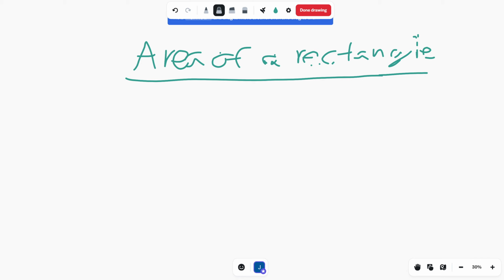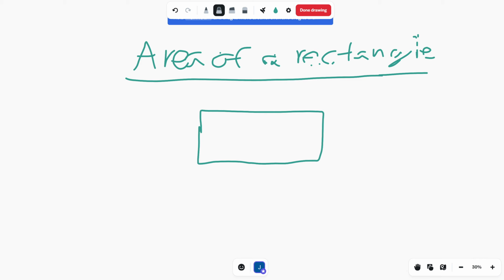So, today we're going to be learning how to find the area of a rectangle. As we know, the area of a rectangle can be complicated at times when trying to figure it out. However, the rectangle as a shape looks like this.